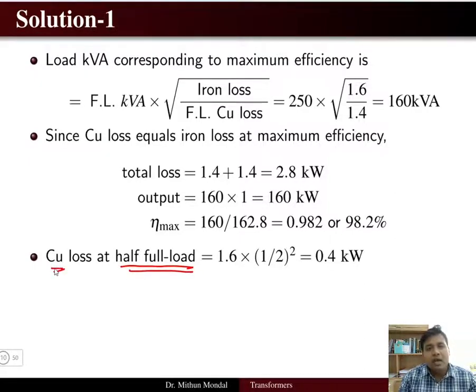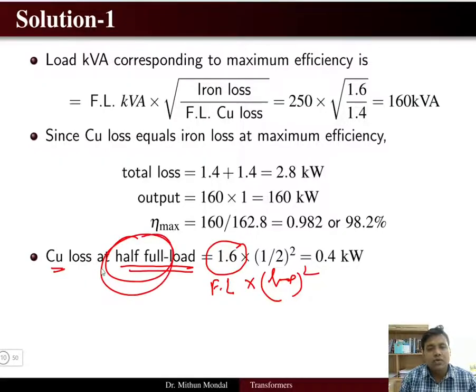Now under the half full load condition, what is the copper loss? We know that iron loss is a constant loss and copper loss varies with the square of the loading. So 1.6 is the copper loss under the full load condition, multiplied by the load square. The loading is half full load, so you have half squared, and you get 0.4 kilowatt as the copper loss under the half full load condition.